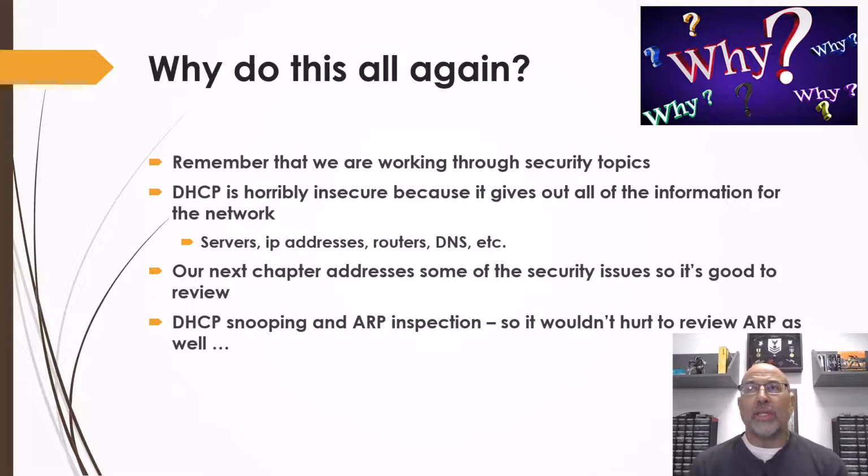So a good question is, if we already did this in Volume 1 and another chapter, why do this again? Well, now we're working through security topics. Previously, we were doing this in the context of building a small self-contained network.